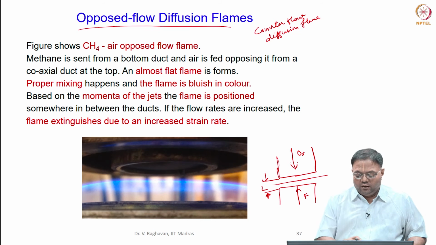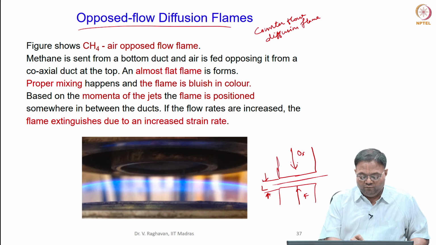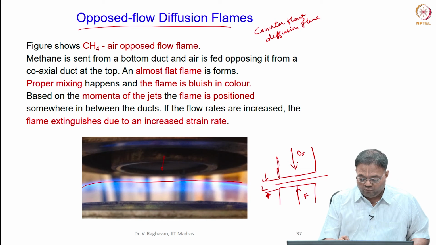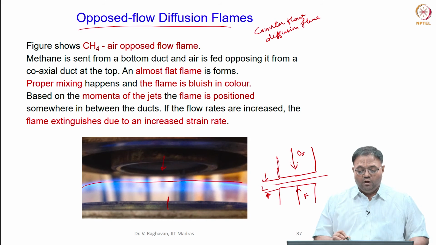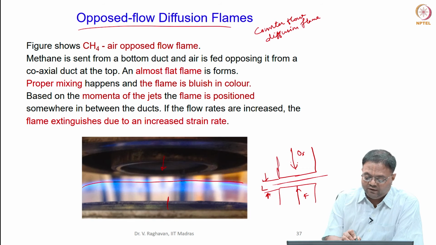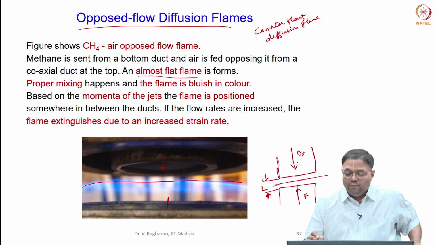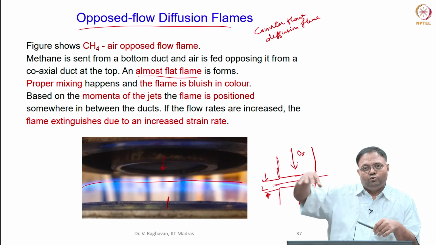Okay. So this is the typical flame that we see here, a flat flame which is formed in between the ports. This is the duct which is supplying oxidizer and this is the duct which is supplying fuel and so on. Okay. So almost a flat flame is obtained. Basically the flame will form, and due to buoyancy the flame may rise up towards the end.